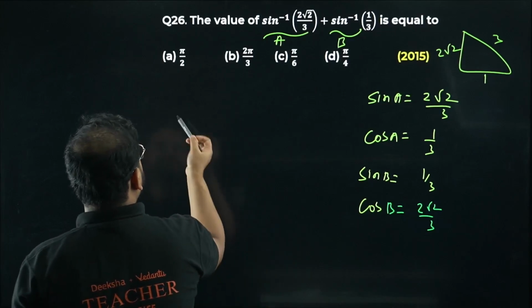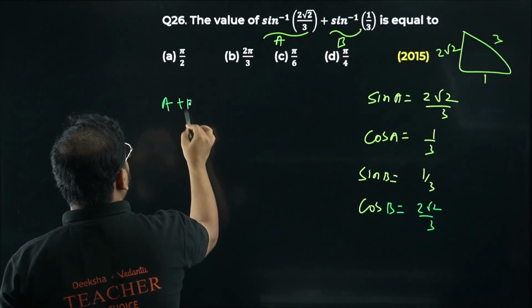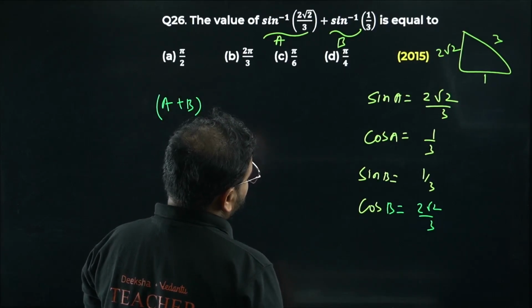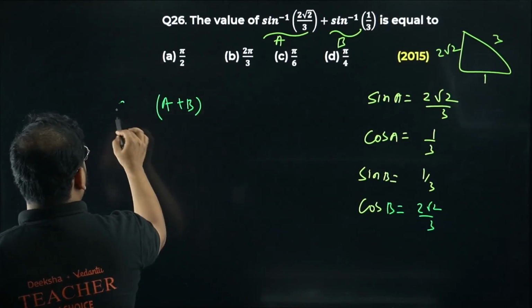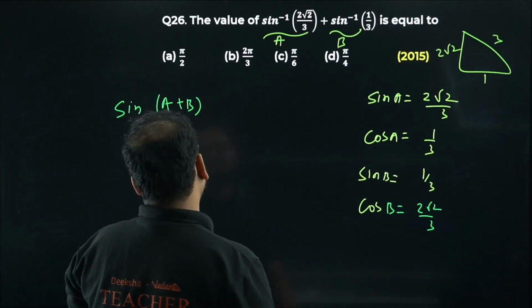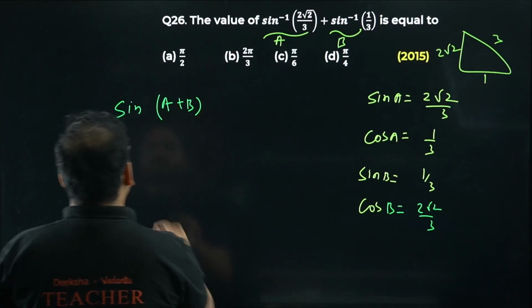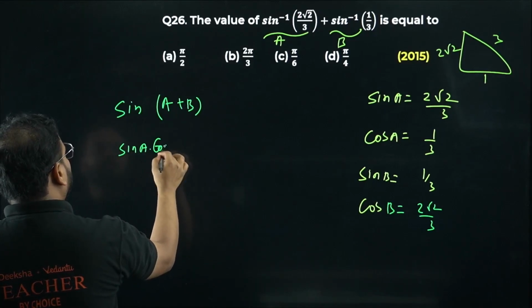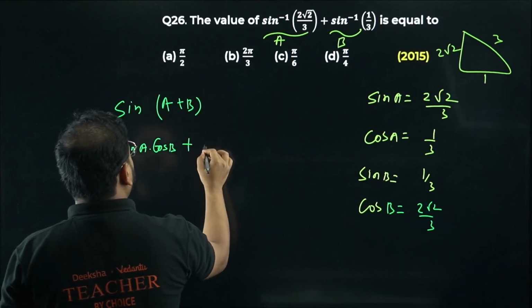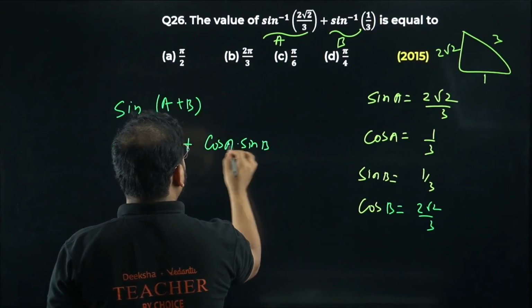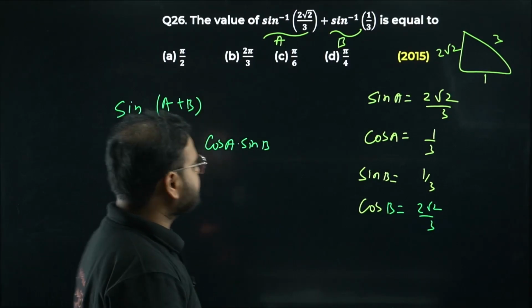So I can take sine of A plus B, because I want sine inverse only. Sine of A plus B is sine A cos B plus cos A sine B.